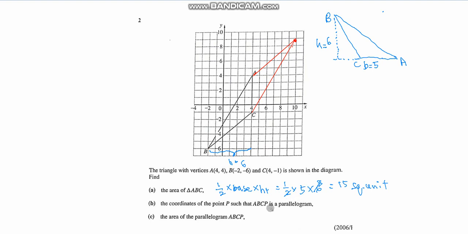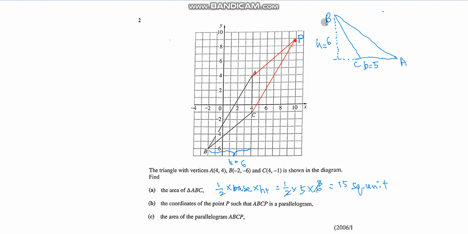Okay, now find the coordinate of P such that ABCP is a parallelogram. Basically, you must look at the order A, B, C, P. So you follow the order A, B, C, P. This should be P somewhere here.